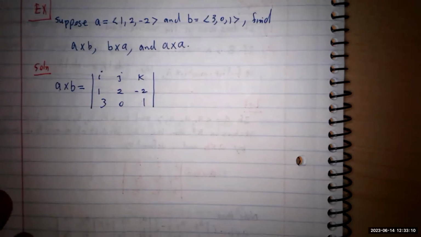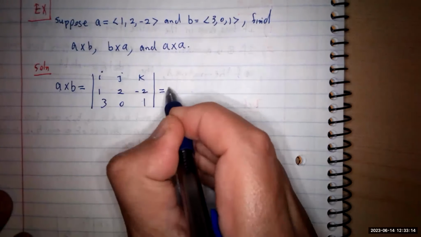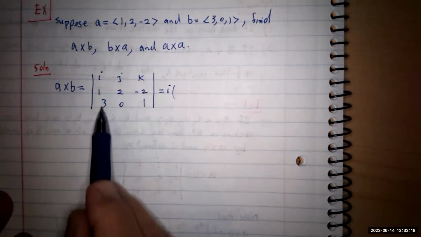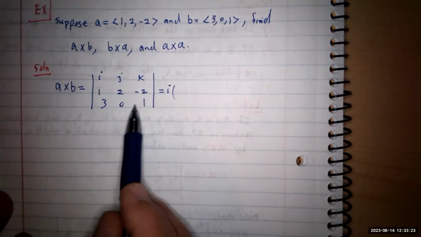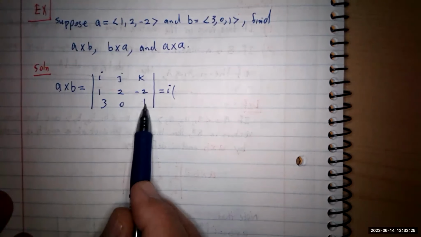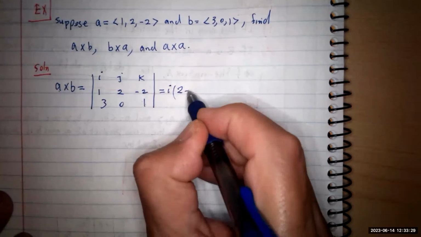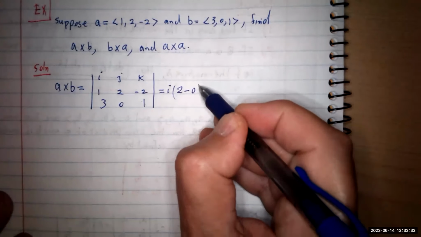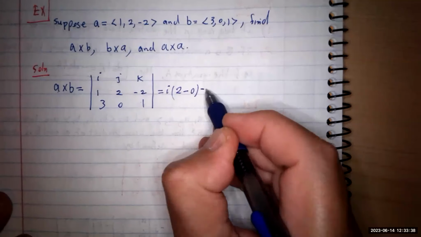Find the determinant. Equal to, remember, I times, delete the first row, first column, matrix 2, -2, 0, 1. Find the determinant: 2 times 1, 2, minus -2 times 0, which is 0. That's the I part. Remember, the second one is negative, minus J.